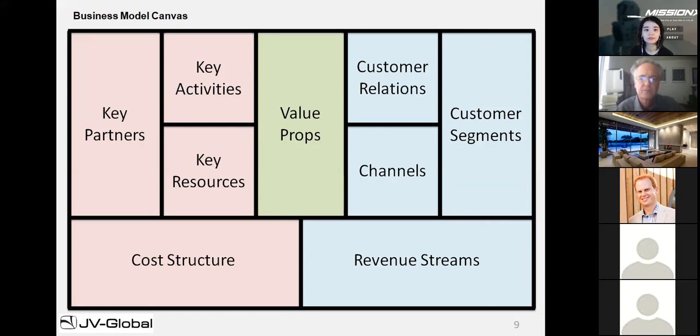To the left of the value proposition box is everything that's more or less internally focused. Staying on the lower segment, the cost structure denotes your payment buckets, right? What do you have to pay for hosting, service fees, employee salaries, office space, and whatnot? We'll get into that again in a minute. Above that, we have the box key resources, which are the inputs you need in order to produce your service or your product.